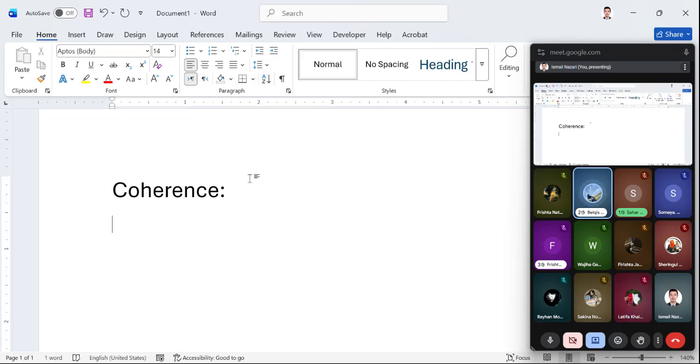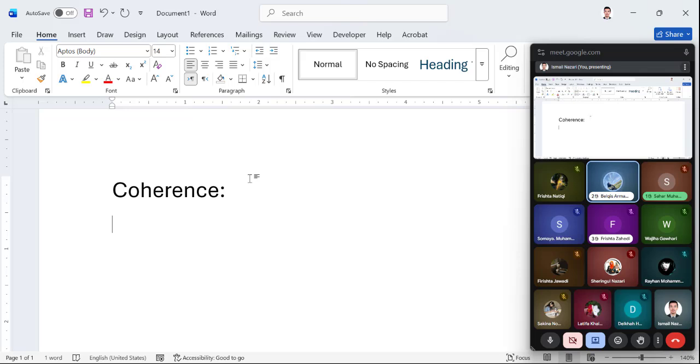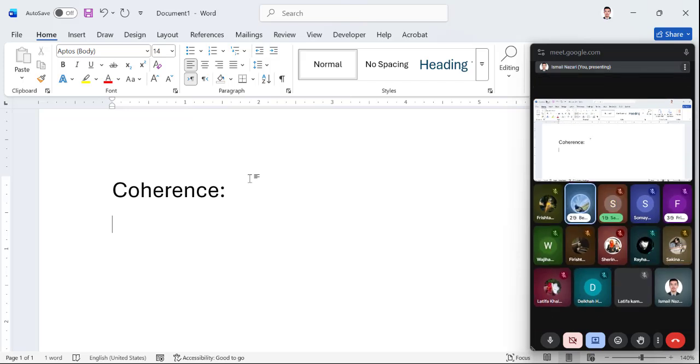We shouldn't bring all the sentences in a random order. And also, we should have a good main idea, and all the sentences in a paragraph should support that main idea or the topic. And we should use the pronouns carefully, and we should use transitional words and jump from one sentence to another sentence carefully. So if we use coherence, our writing will be very clear and understandable.